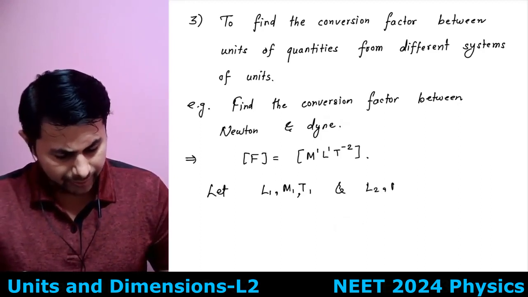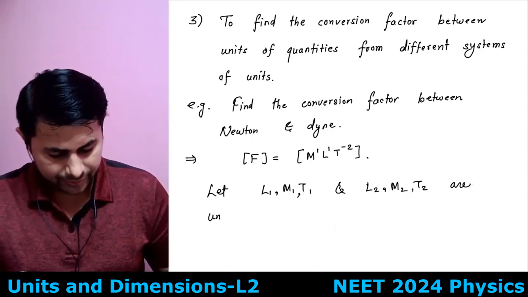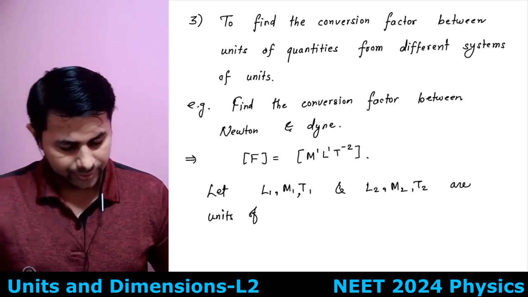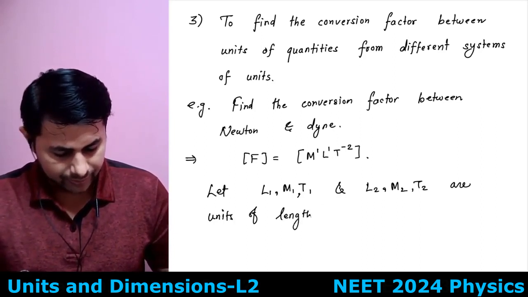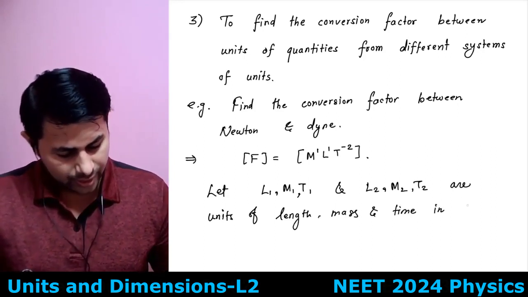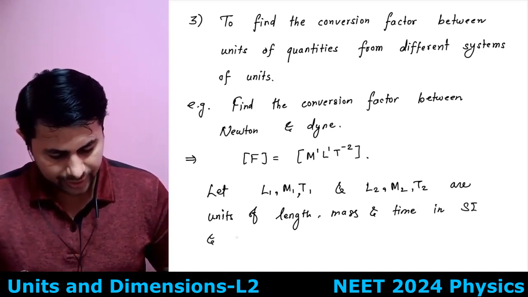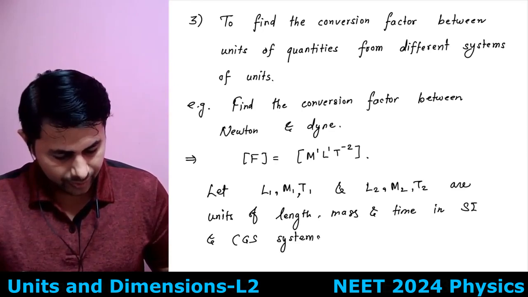So let's say L1, M1, T1 and L2, M2, T2 are units of length, mass and time in SI and CGS systems respectively.